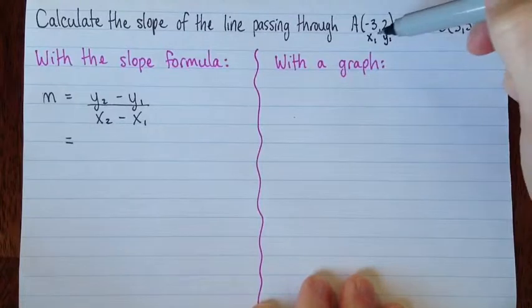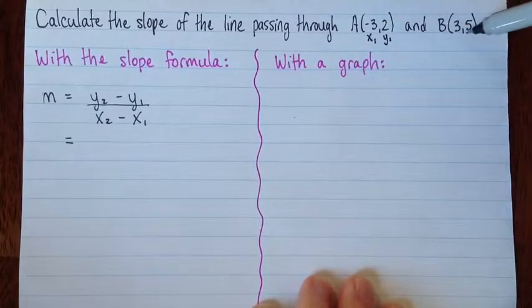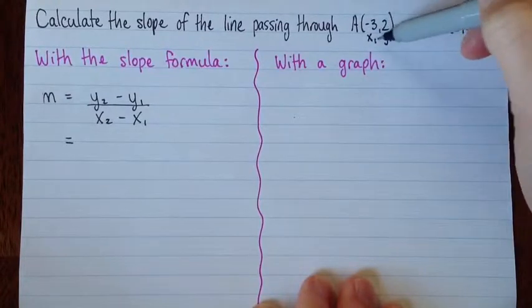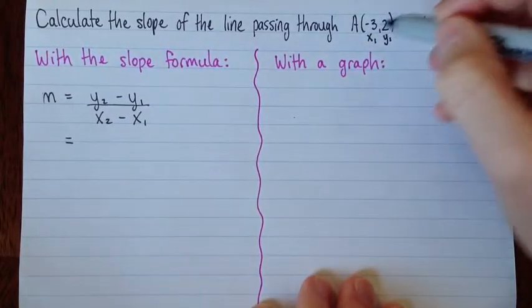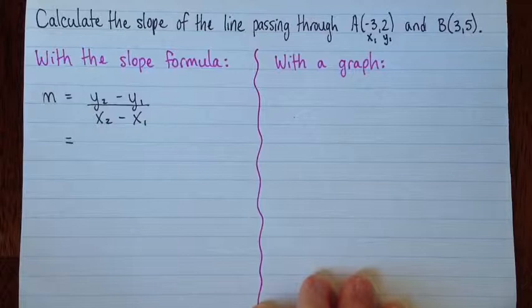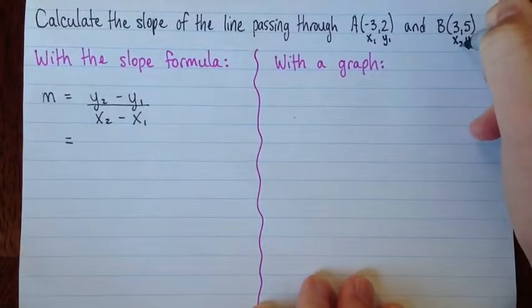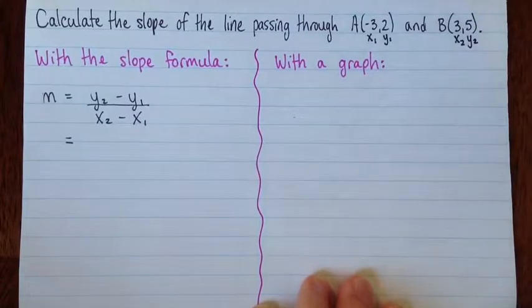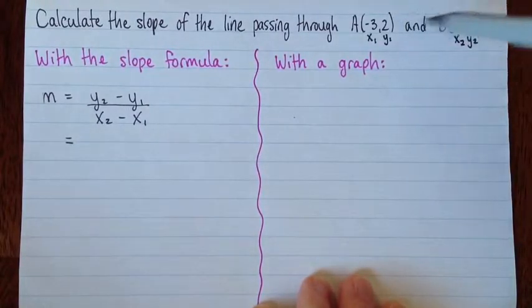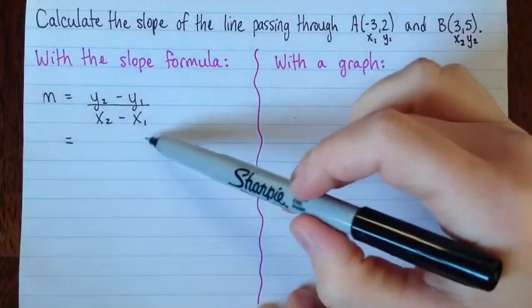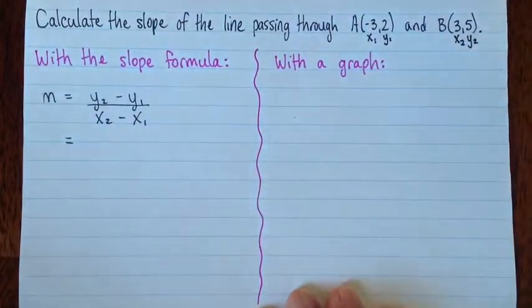The important thing is that x1 and y1 have to be on the same point as each other. Okay, so if this is my x1 and y1, then I've got another x and y over here, and they're my second point, so I'll just call them x2 and y2. So if you ordered them differently than someone else who's doing the same question, your next step would look different, but you get the same answer.